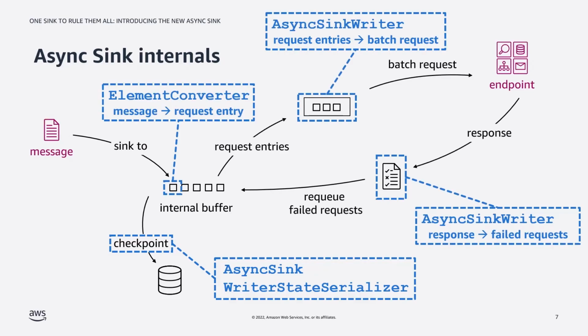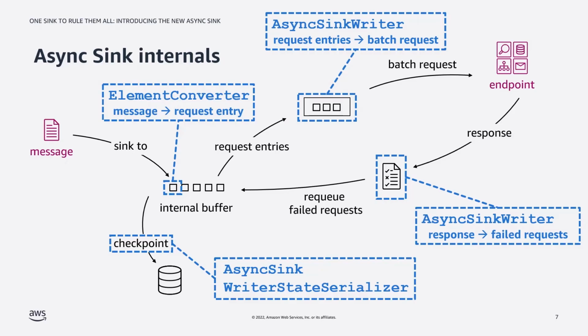So if you want to implement your own sink, there are these three components that you need to implement. The first is the element converter that basically specifies how to extract those properties from the message that are required to make a batch request later on. The Async Sink writer specifies how to make a batch request and how to inspect the response.